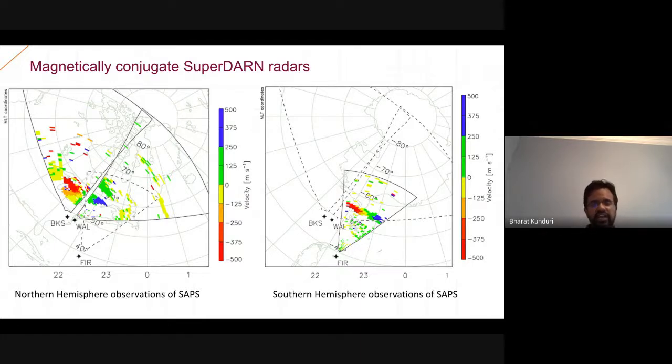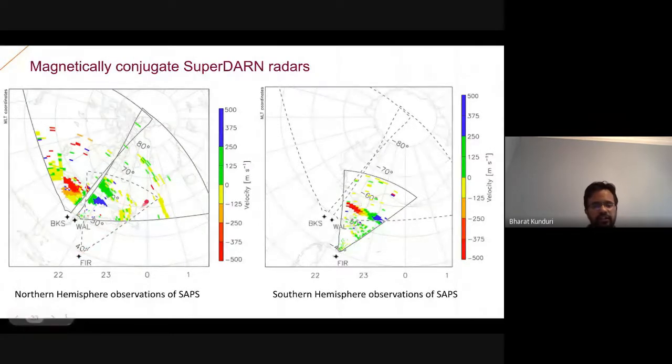The left-hand side is observations in the northern hemisphere near Virginia. These are observations from Blackstone and Wallops radar. The fields of view of the radars are indicated by solid lines. Another radar that you see here is the Falkland Islands radar, originally located in the southern hemisphere near Argentina, and the field of view of the radar is projected into the northern hemisphere along magnetic field lines using the SIG and MCO models.